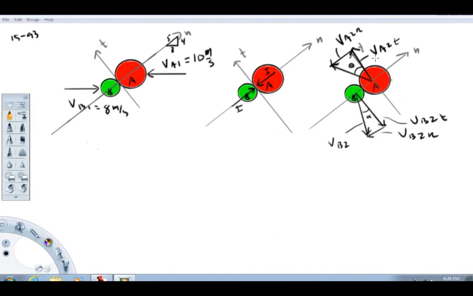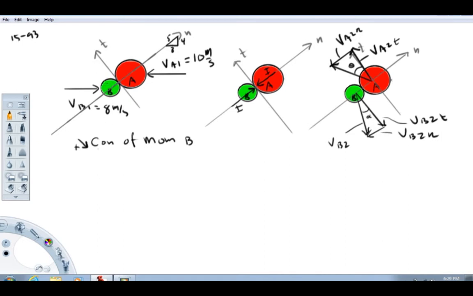The easy ones to get are the tangential velocity components. I'm going to write an equation for mass B, conservation of momentum for mass B, and I'm going to call this the positive direction.